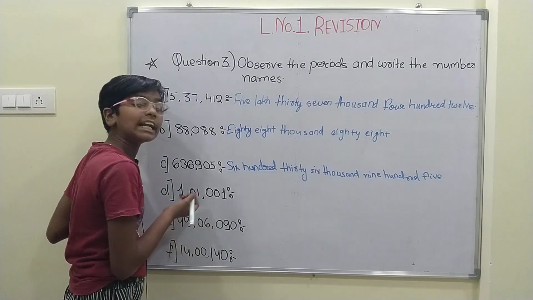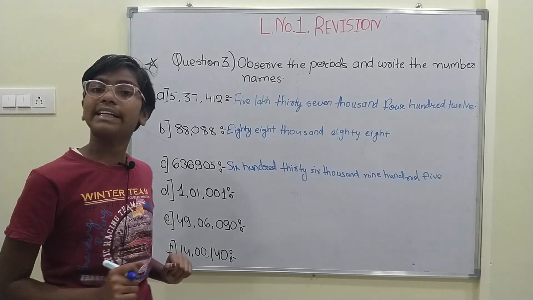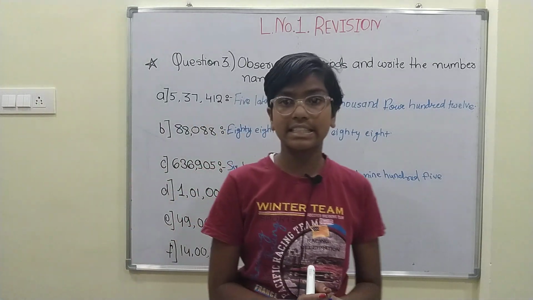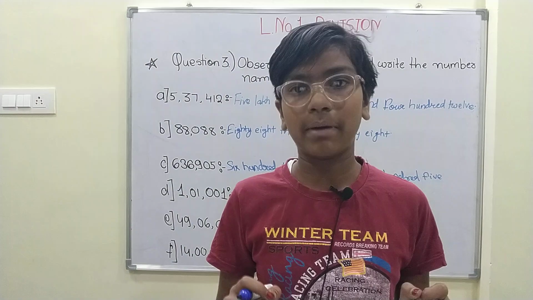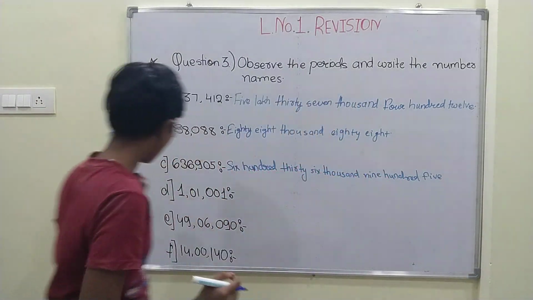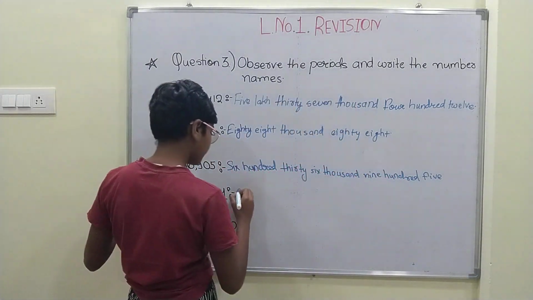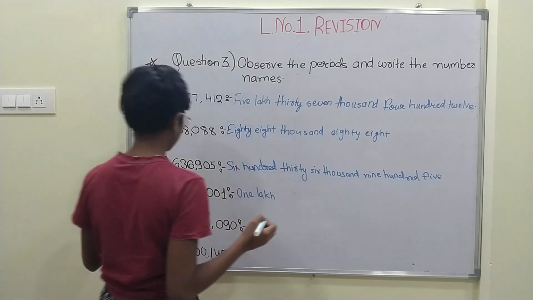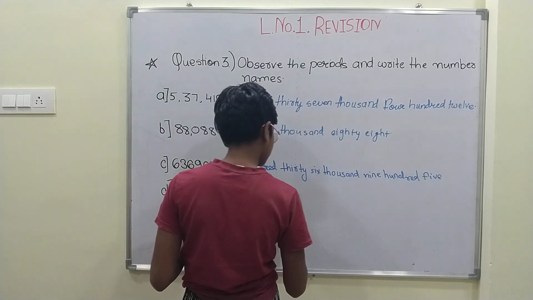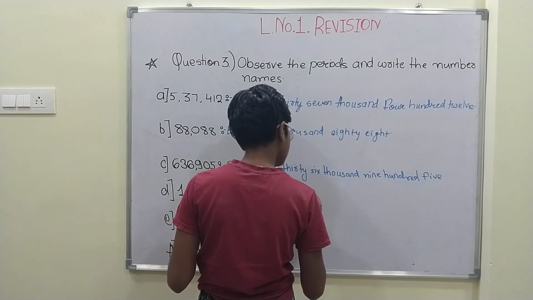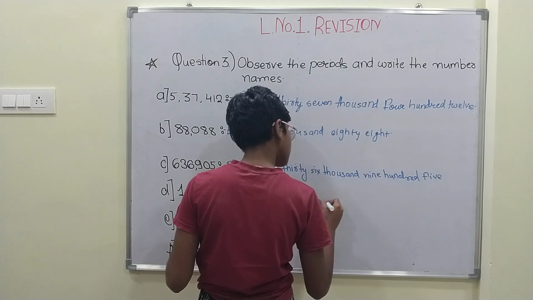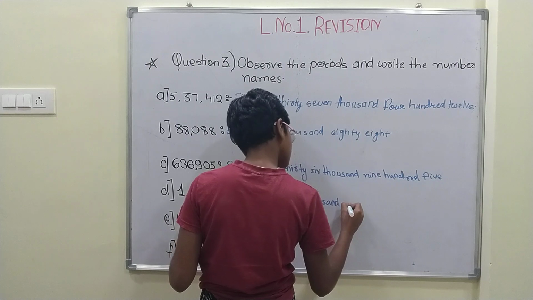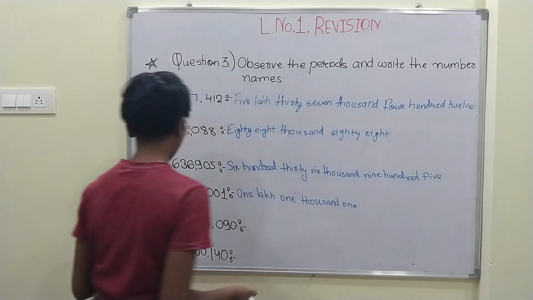Next, 101001. This is in the Indian system. So how will I write it in the Indian system? I will write that number as 1 lakh, 1000, 1.